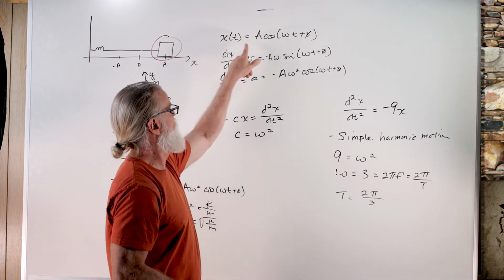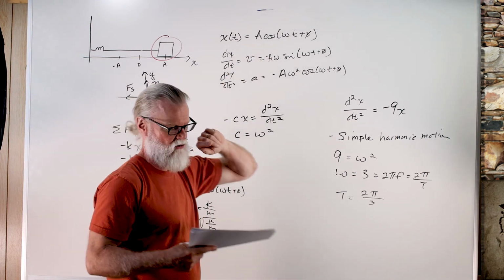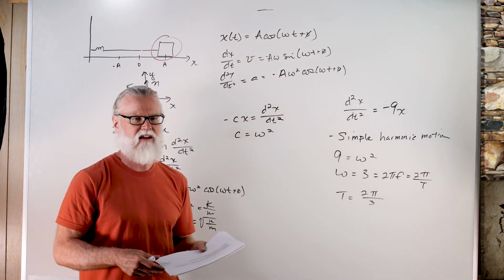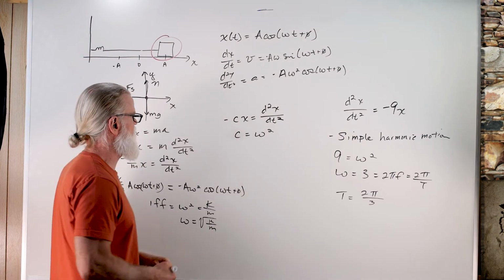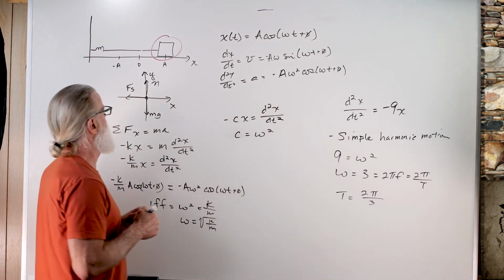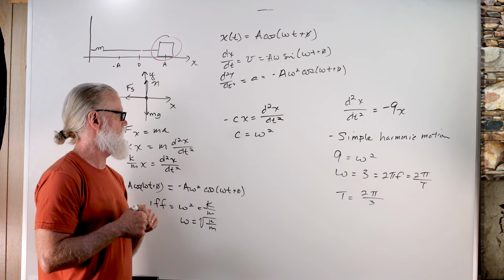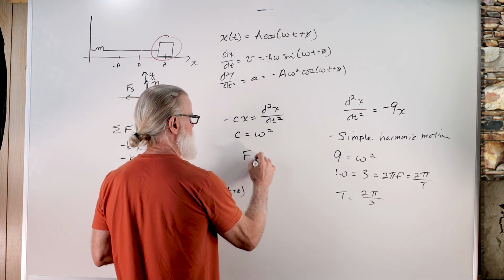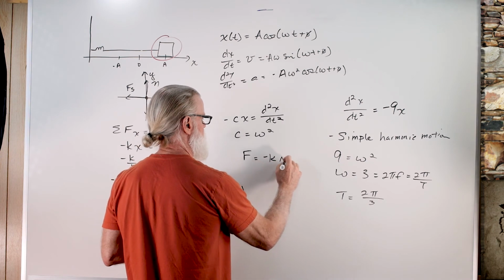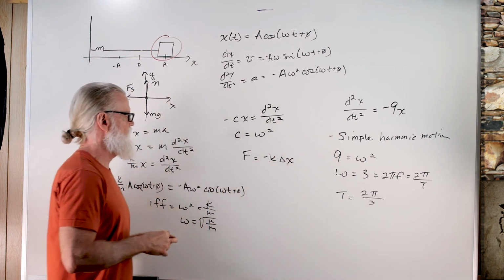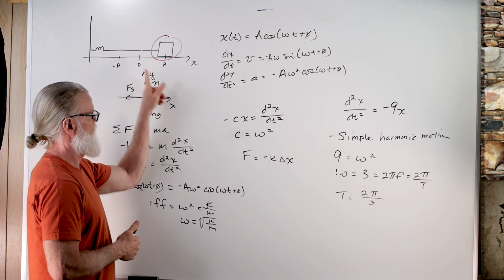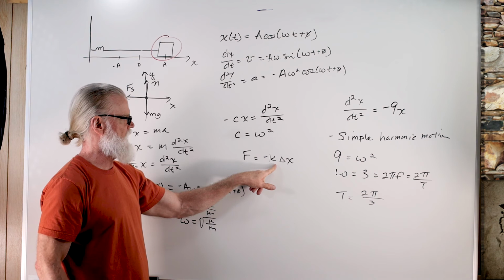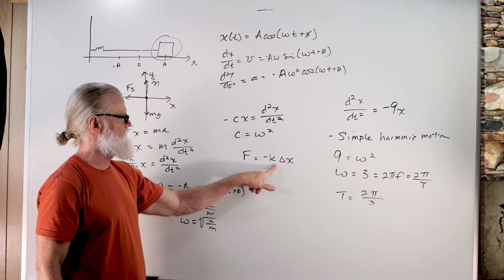So now we've actually demonstrated this is true with physics, which you knew we were going to have to do eventually. With an ideal spring, we have what's called a linear restoring force. We've got Hooke's law that says F equals minus k delta x. And this is a linear restoring force. Linear in that we're just multiplying the displacement times a constant, and that will give us the force.